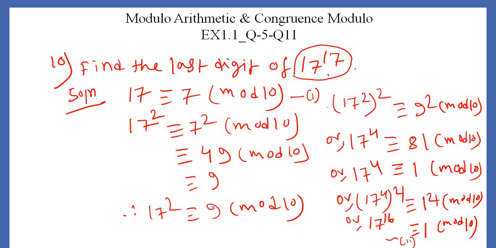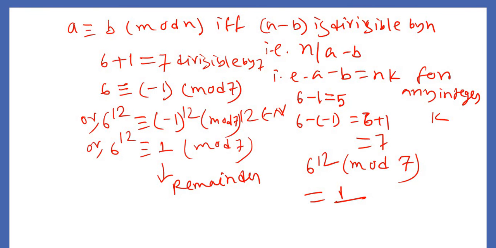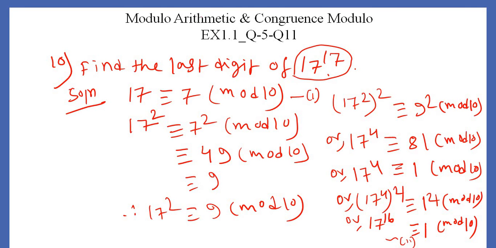And if you multiply expression 1 with expression 2, then what do you get? Multiply left to left and right to right. So if we multiply left with left, then what we have? We have 17 into 17 to the power 16. And if we multiply right with right, in equation 1 the right hand side is 7 and in 2 it is 1.